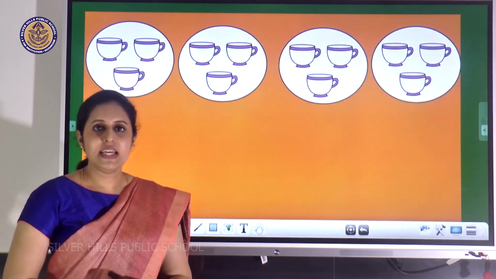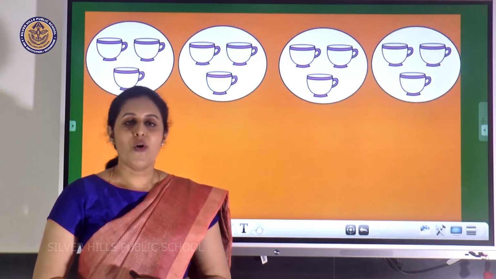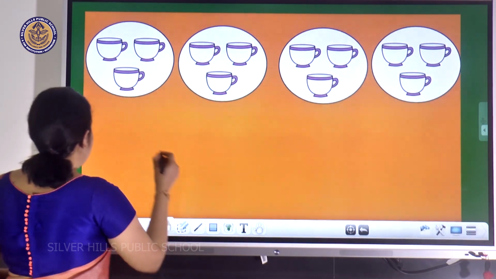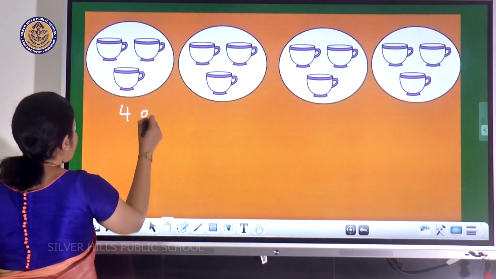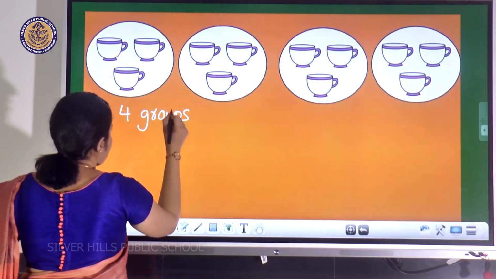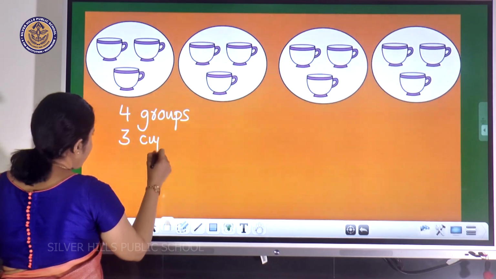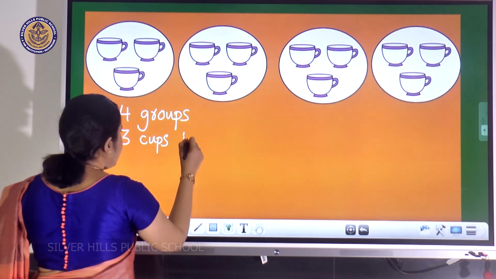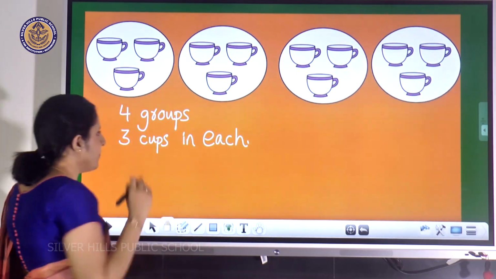Now, we are going to see how many teacups are there altogether. Let us write it down like this. 4 groups, 3 cups in each.